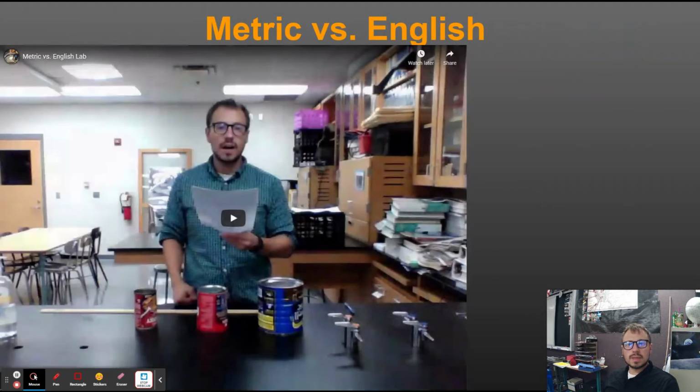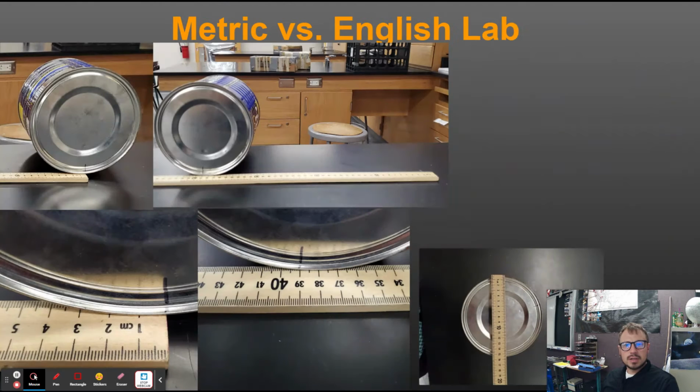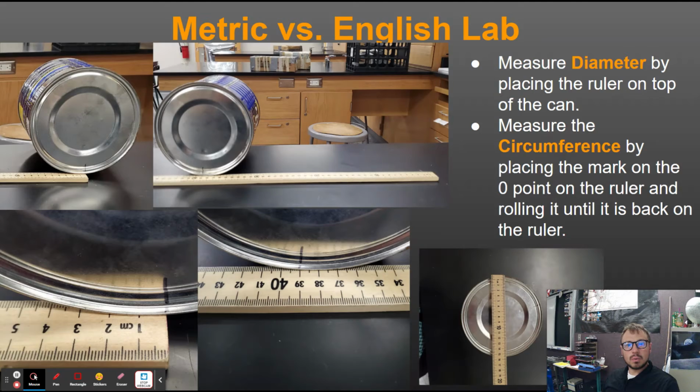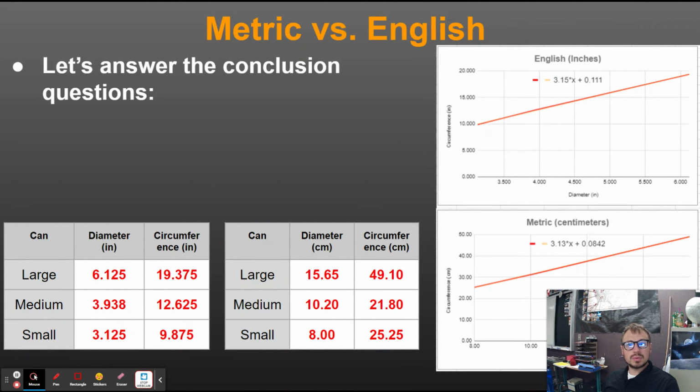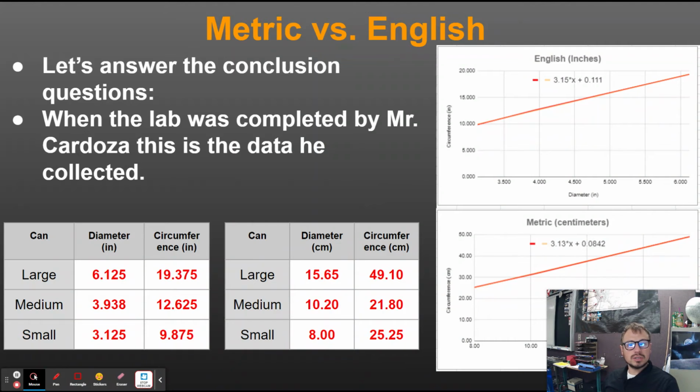All right. So the first thing we did was the metric versus English lab. In this, we measured the diameter and circumference of 3 different cans. And we did it once with the English side, or those inches side, and once with the metric side. What I wanted you to see in this is that the slope is going to be the same, because we're taking the circumference divided by the diameter.